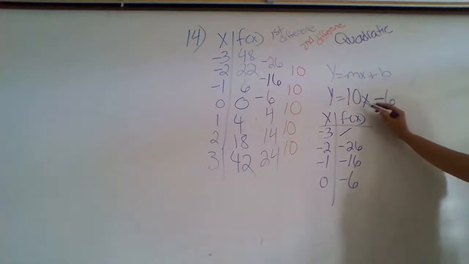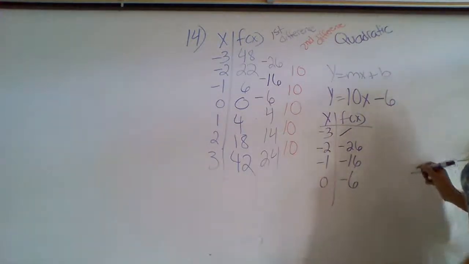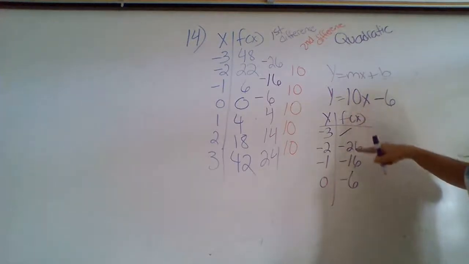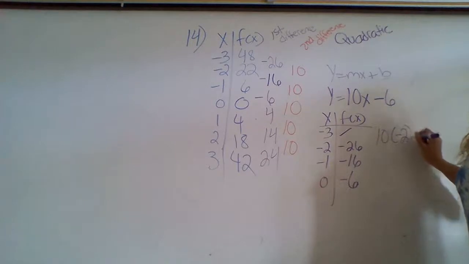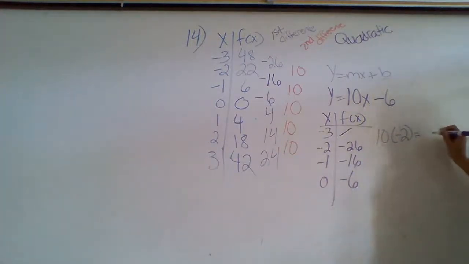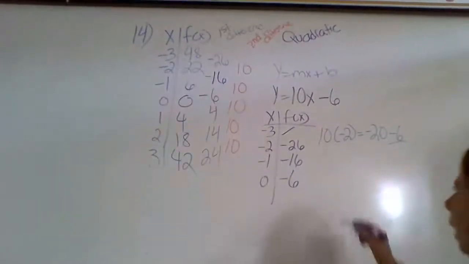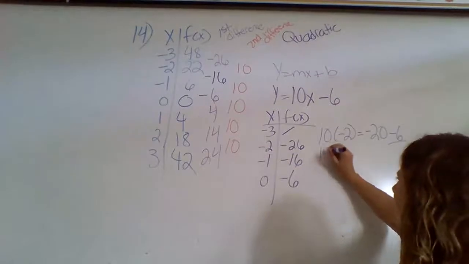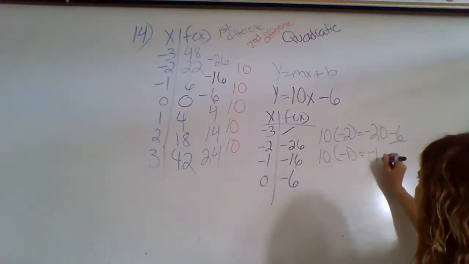So let's see if it works. 10 multiplied by your x value, so 10 times -2 equals -20, but I need it to be -26, so I subtract 6. You multiply your slope times another x value, -1, equals -10.